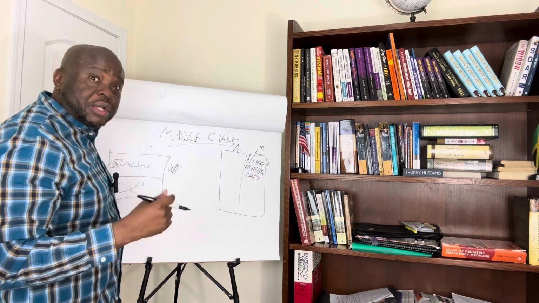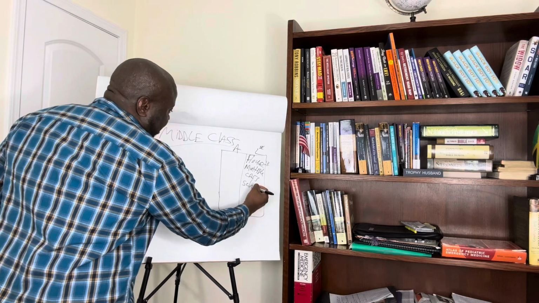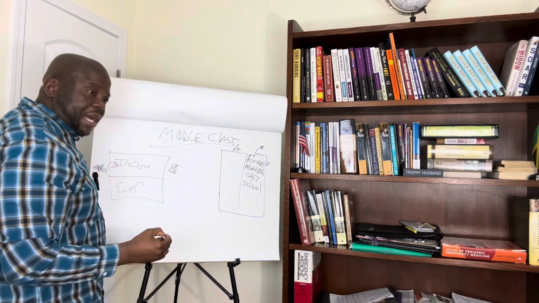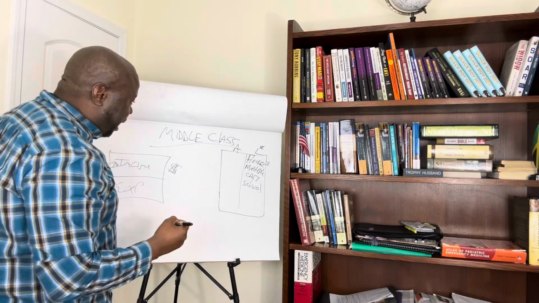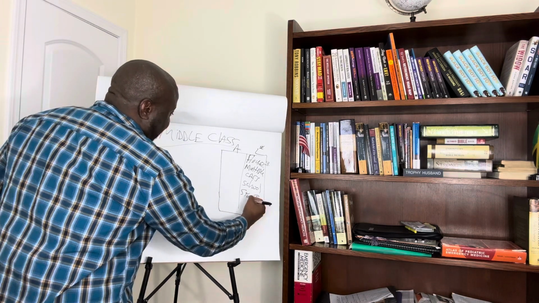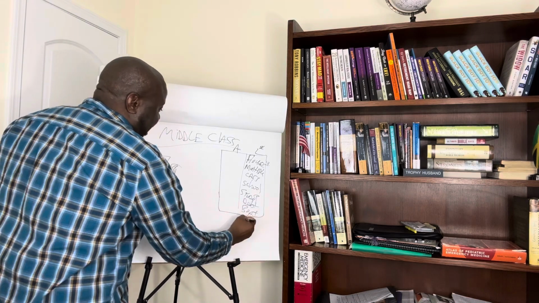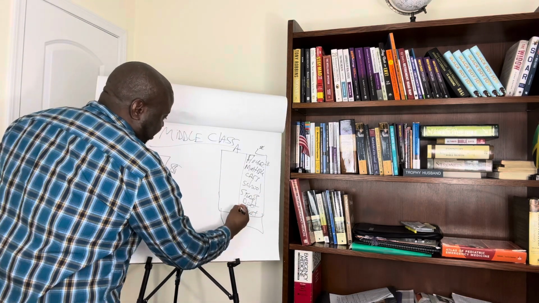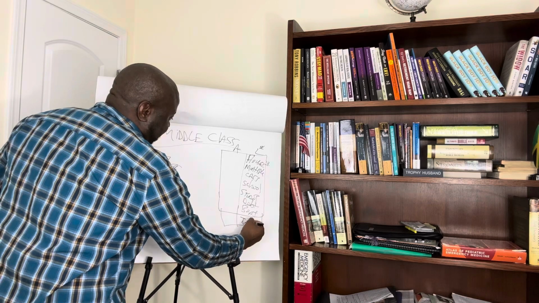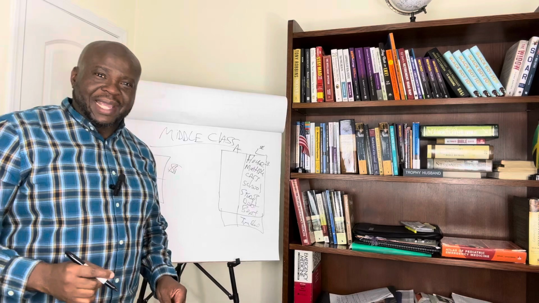Their kids are going to go to private school, right? Their kids are going to go to expensive liberal arts colleges. So they're going to have student debt. They're going to have a boat. They're going to have a timeshare, right? Summer home. They're going to go to Hawaii.